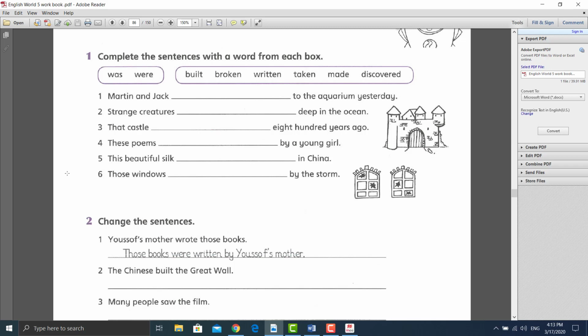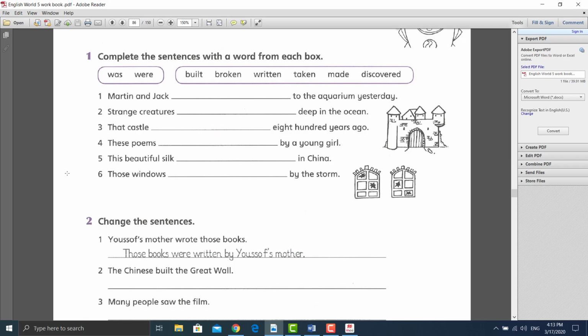We agree that in order to make passive, we put the object in place of the subject, then we put was or were in order to form past simple passive. Then after that we put the past participle. Okay, let's read the first example first. Martin and Jack.